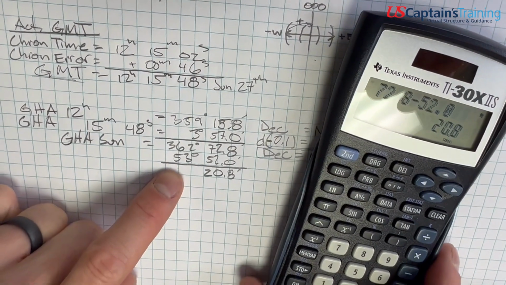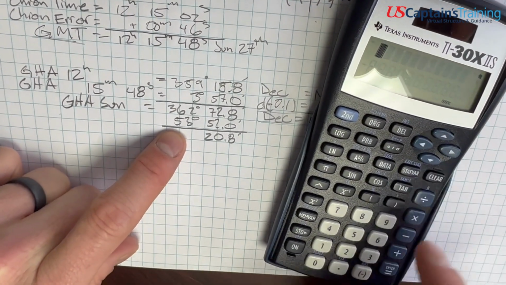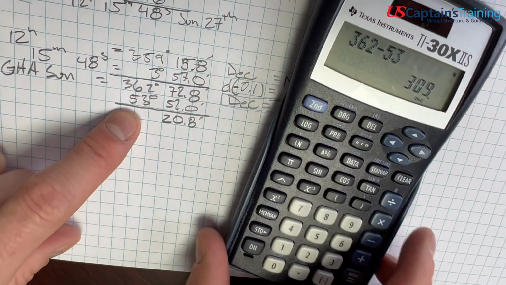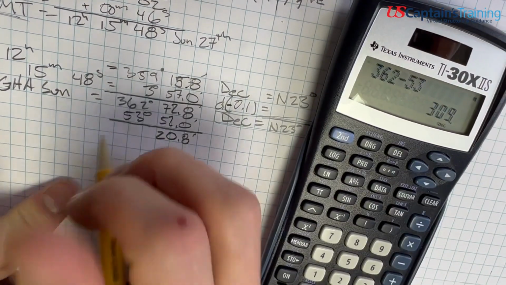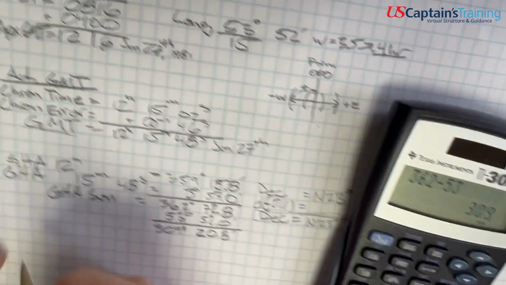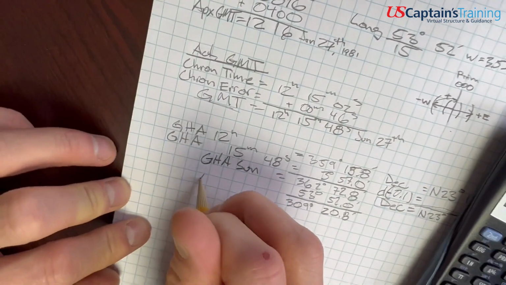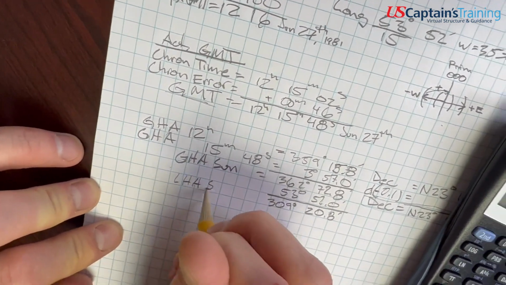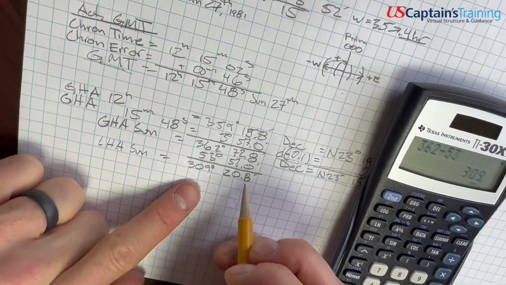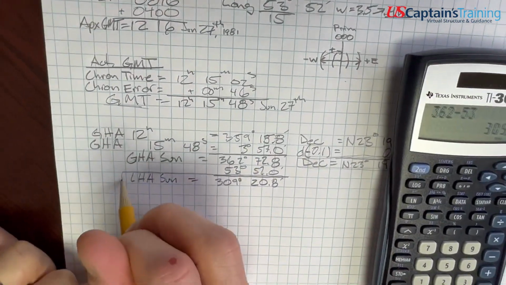And then 362 minus 53 equals 309 degrees. So our local hour angle, LHA, of the sun is equal to 309 degrees, 20.8 minutes.